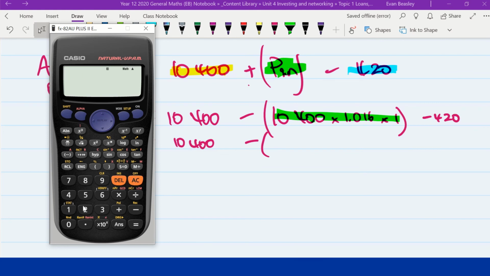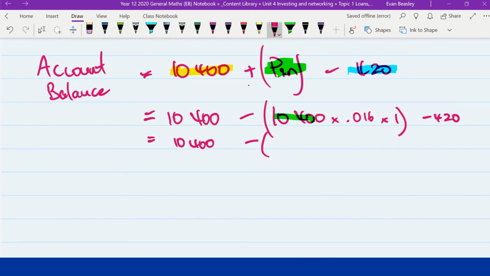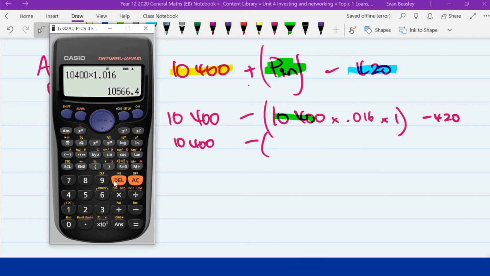So just working in that middle section now. And what have I done wrong? I don't need to put the 1 in because I'm just looking at a growth rate. I'm just looking at interest. Okay.